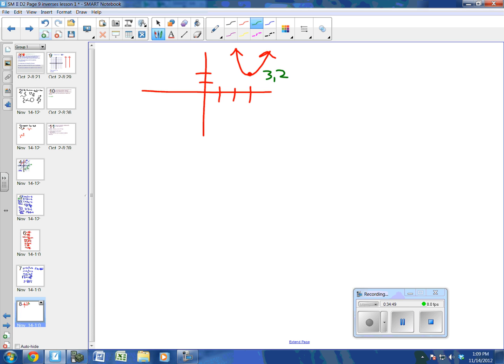No, because if you draw a horizontal line right here, it's going to cross it more than one time, right? So it does not have an inverse. So what we do is we have to restrict the domain. Where can we cut the domain so that it would have an inverse? Right at 3, right down the middle. Because now we're only going to have that part.